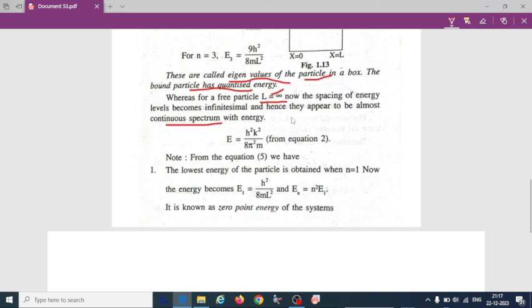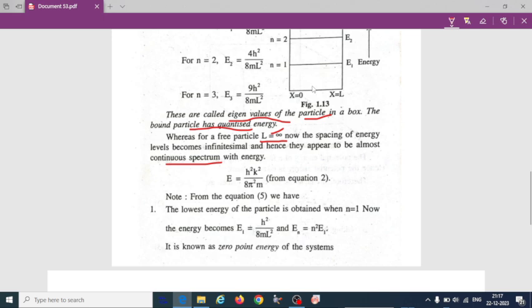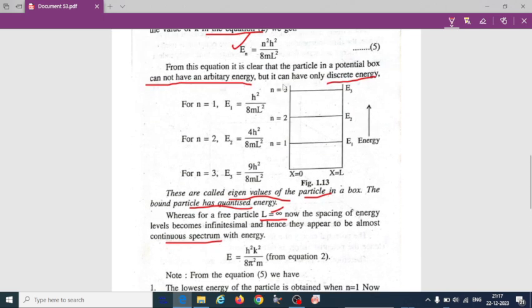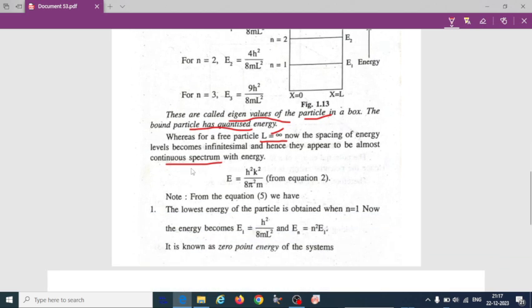So energy is not discrete, energy is going to be continuous for a free particle. If the particle is in a one dimensional potential well, energy is going to be discrete in nature. For a free particle, energy is going to be continuous. Then E is equal to, for a free particle, h²k² divided by 8π²m. Okay.